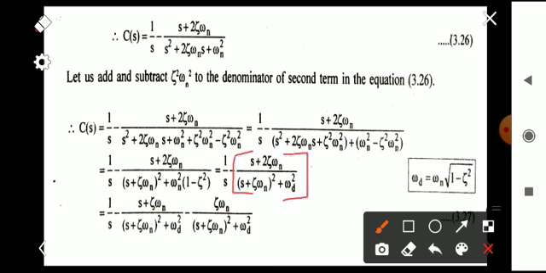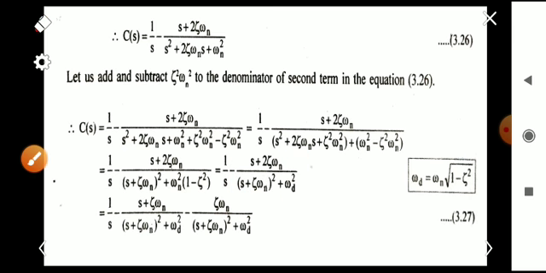Okay, and the equation becomes 1 by s minus (s plus zeta omega n) by ((s plus zeta omega n) square plus omega d square) minus zeta omega n by ((s plus zeta omega n) square plus omega d square). Okay, that is, we have just split this term into two. And we know that this minus is common for the entire term, so it becomes negative here. Okay, so this is the entire value of C of s.